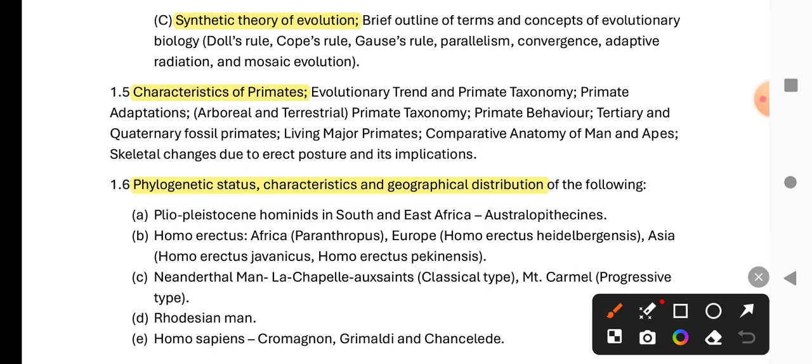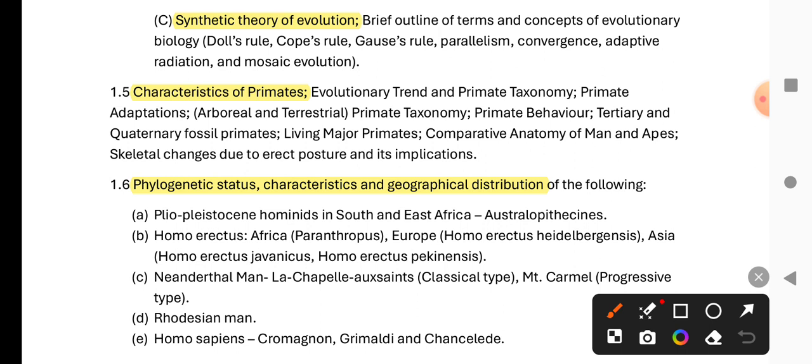Various anthropologists define this debate because Darwin said that the origin of man was from Africa, and he supported the unicentric theory of evolution.